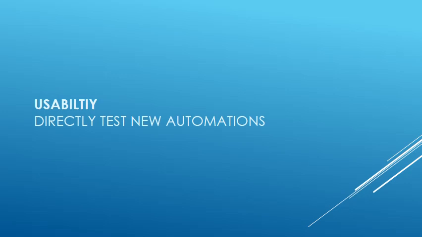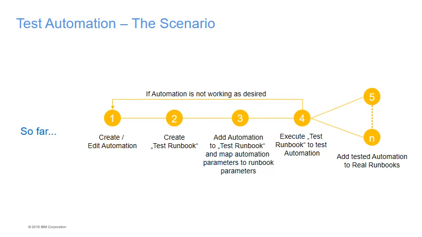Let me continue with a usability feature in this release that simplifies the development of automations that can be used as reusable assets in runbooks. An automation as an asset which can be reused by many runbooks has to be developed independent of runbooks.